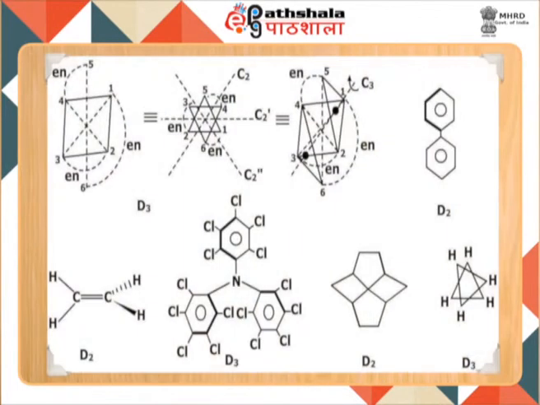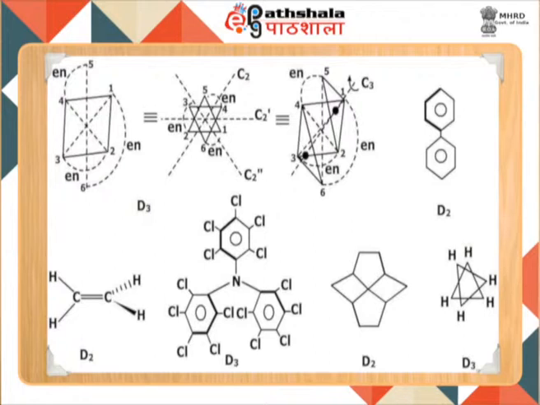These are the cation Co(en)3 3 positive, twisted biphenyl, that is, this belongs to D2, then twisted ethylene, perchloro triphenylamine, twistane, gauche form of ethane. These are shown over here, and all these have a Cn axis and nC2 axes perpendicular to each other.